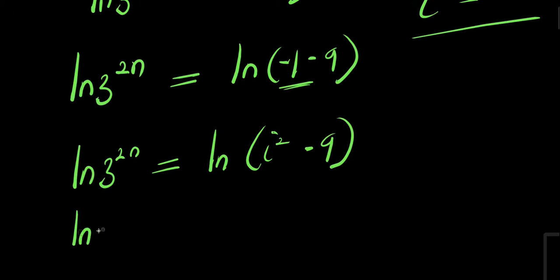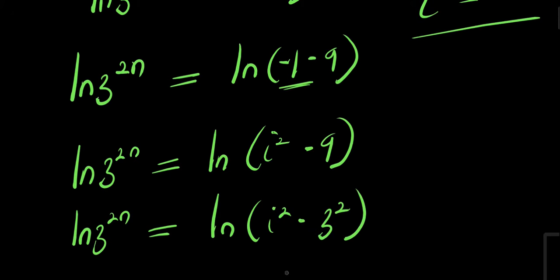From here we have natural log 3 power 2n equals natural log of i squared times 3 power 2. 3 power 2 is 9.